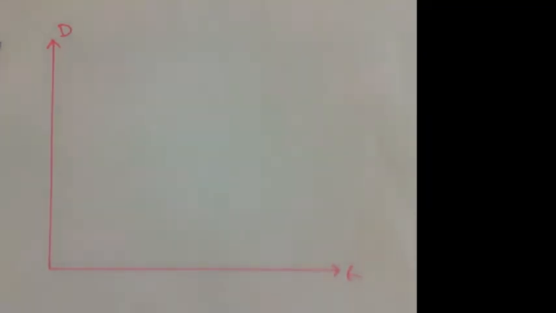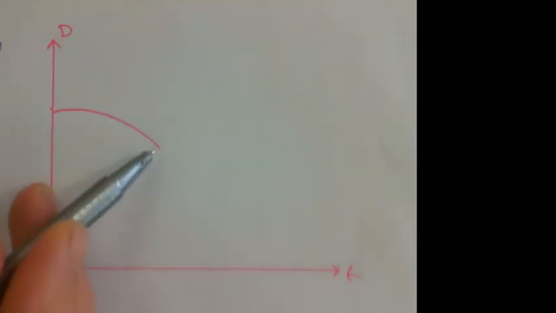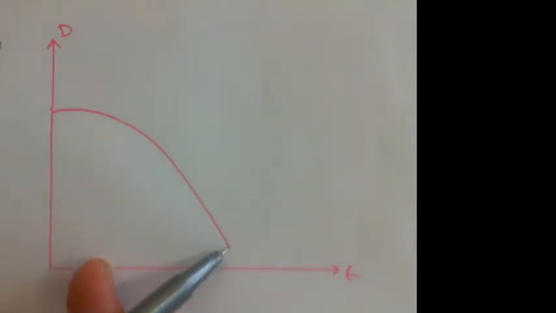Okay, so that means that the gradient of this displacement time graph is going to be increasing until it reaches a constant speed.